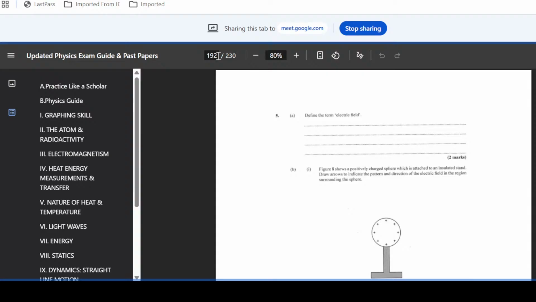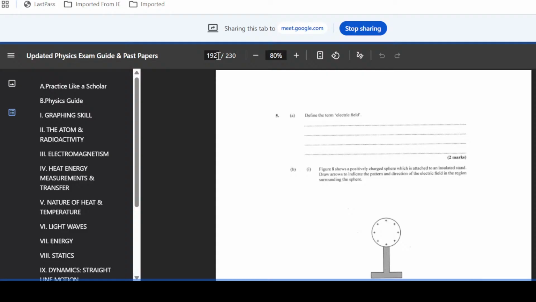No, not positive. Not positive. Yes, so it would be neutral. So Earth is neutral.